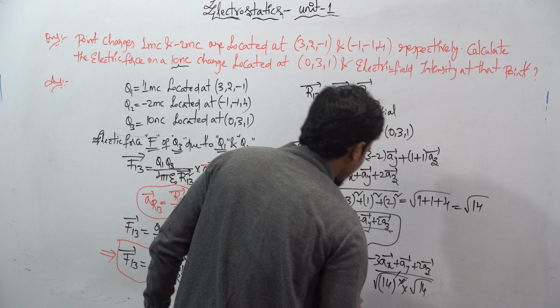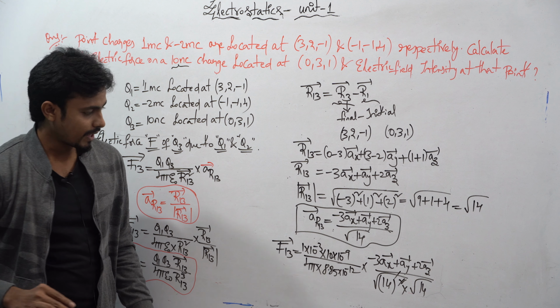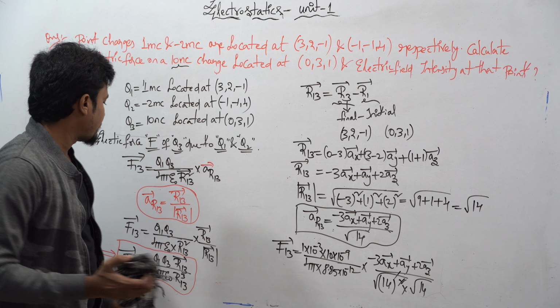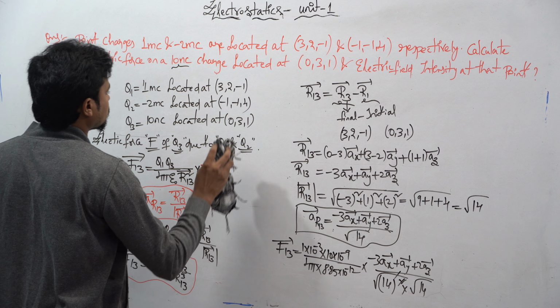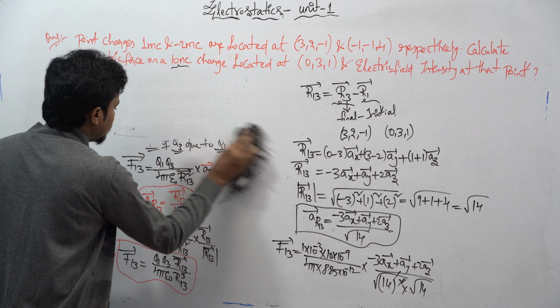So here square root will get cancelled to each other, and what will be your answer? Just put it on our calc. What will happen? Let's see.